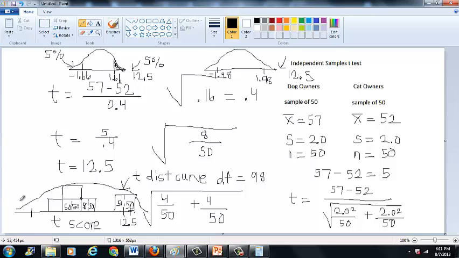It has to fall under a t-distribution curve with degrees of freedom of 98. Otherwise, our p-value won't be calculated correctly. How can we make sure that it actually falls under the curve that it's supposed to be under?